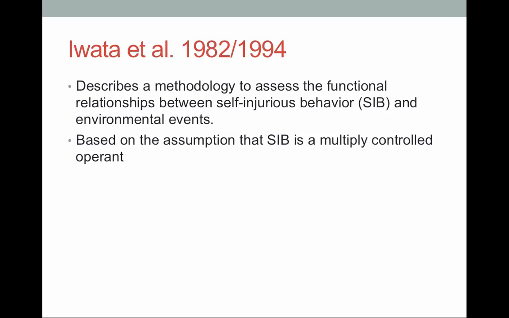I think the big difference was, and why this article is probably, although I don't know that to be true, but if I had to guess, I'd say this article is probably the most frequently cited article in JABA, probably the most cited article in our whole field of applied behavior analysis, is that what Iwata did is he made doing a functional analysis, which of course we knew about in 1982, but he sort of brought it to the people.